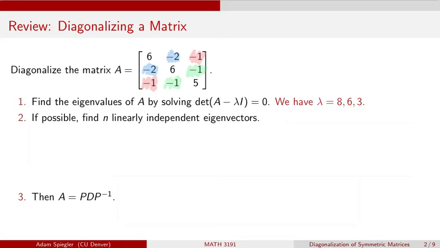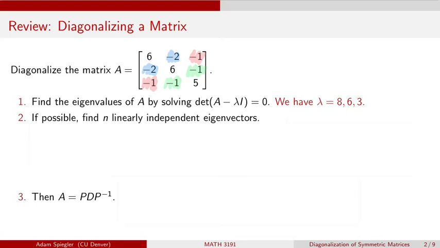So the fact that matrix A has 3 distinct eigenvalues tells me matrix A can be diagonalized. But I want to be clear that we can also diagonalize matrices with eigenvalues of multiplicity bigger than 1, we just need to be more careful in those situations. The eigenvectors are not guaranteed to be linearly independent.